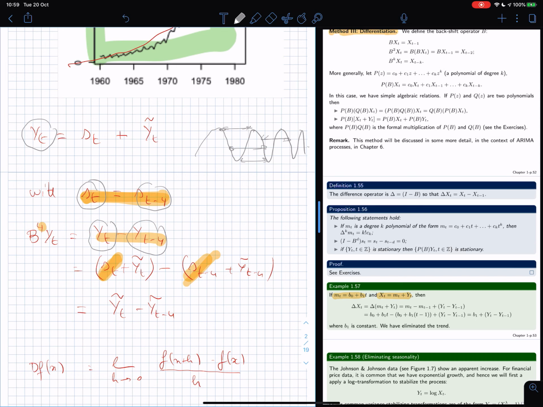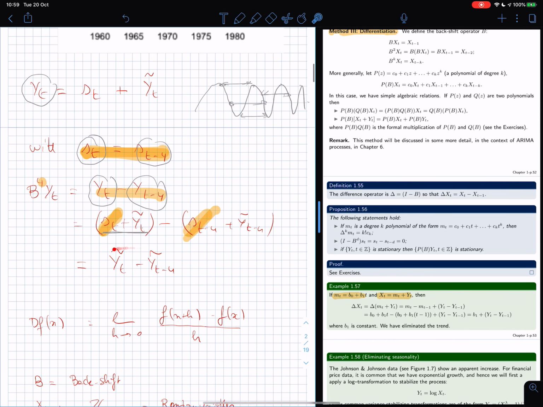Because if I do this, I have S_t plus Ỹ_t, minus S_{t-4} plus Ỹ_{t-4}. These guys simplify. They kill each other because of the seasonality assumption. And I'm left with some noise which now would be stationary. So taking finite differences, a discrete differential, of order 4 will kill any quarterly seasonal component.